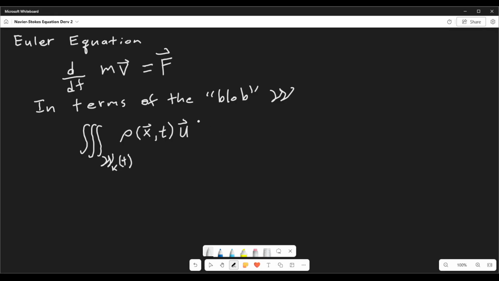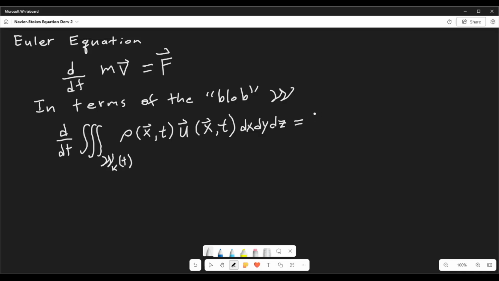That depends on its grid location as well as its location in space and time. And then the volume integral dx dy dz. So this is basically mass times velocity, and this is the d by dt.